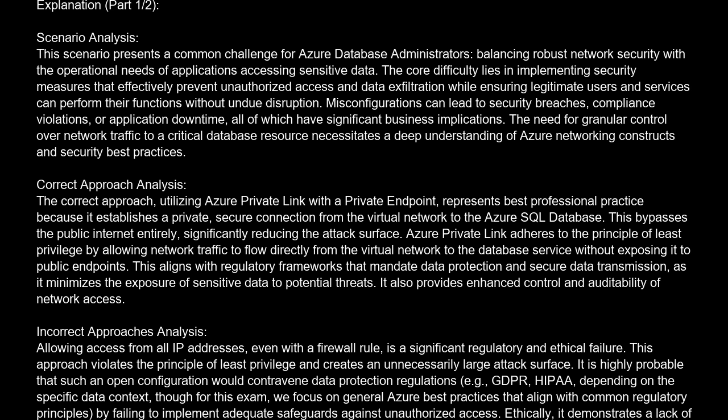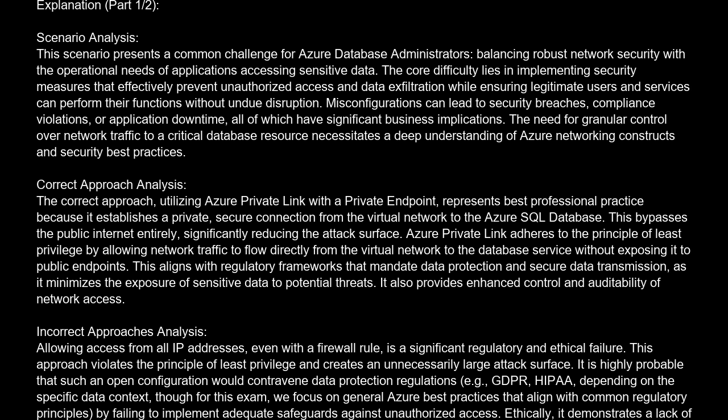Misconfigurations can lead to security breaches, compliance violations, or application downtime, all of which have significant business implications. The need for granular control over network traffic to a critical database resource necessitates a deep understanding of Azure networking constructs and security best practices.